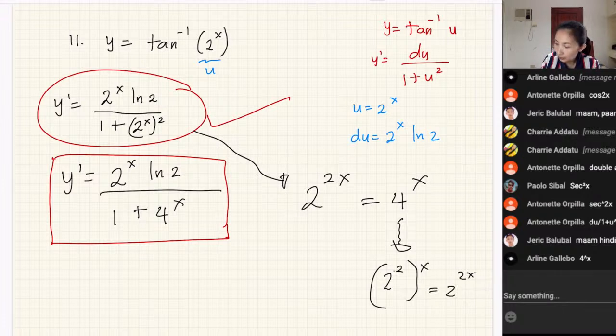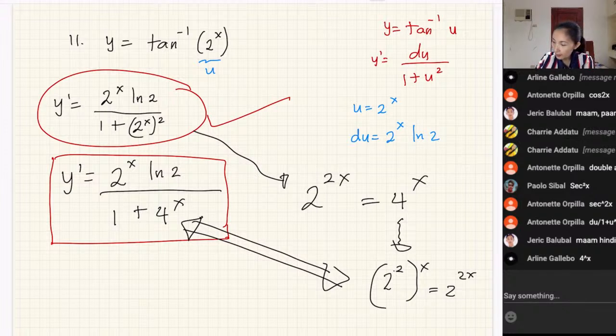Look. Did I answer your question? Look at this. Again, remember, a raised to x raised to y is simply a raised to the product of the powers, x times y.